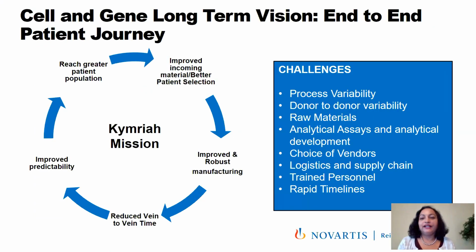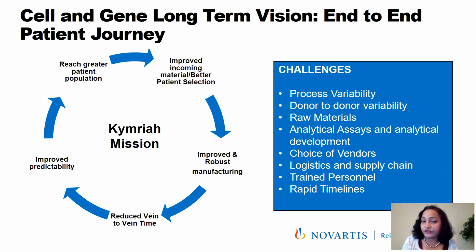Thank you, Aya. In Cell and Gene, our long-term vision and mission is the end-to-end patient journey. How can we understand this as best as we can with the goal of improving every single step along the way, such that improving incoming material can then help us in better patient selection, which would then lead us to improved and robust manufacturing.